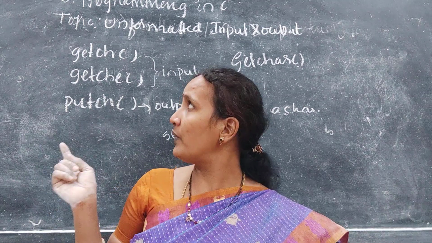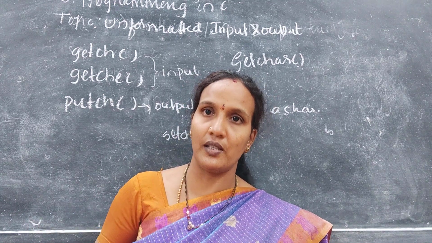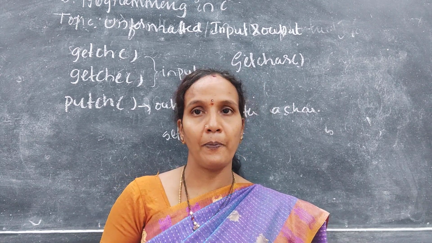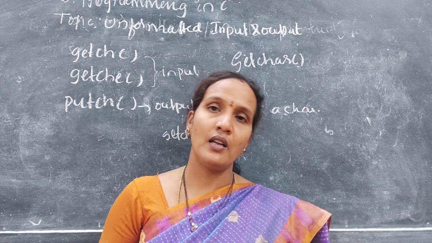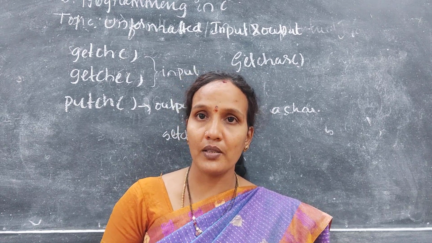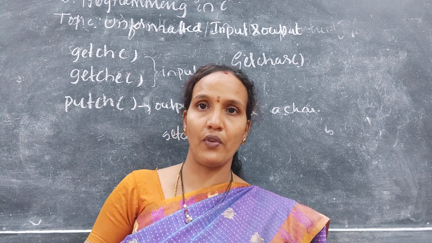So whatever character you collect from a user using getche is printed on the screen by using putch. This is about unformatted input and output, where we are not using a format specifier.